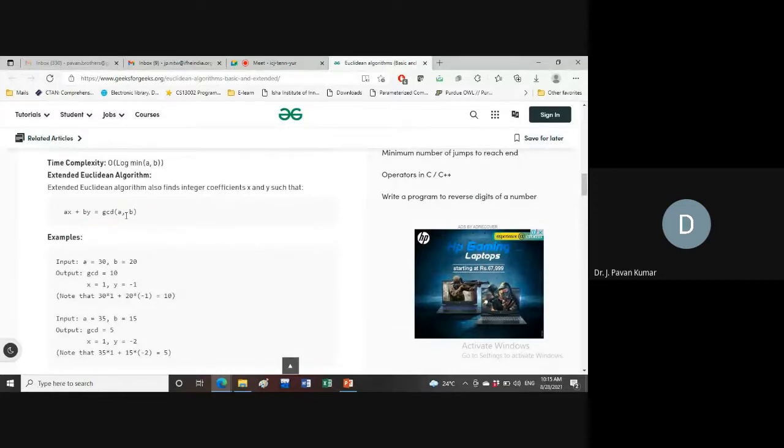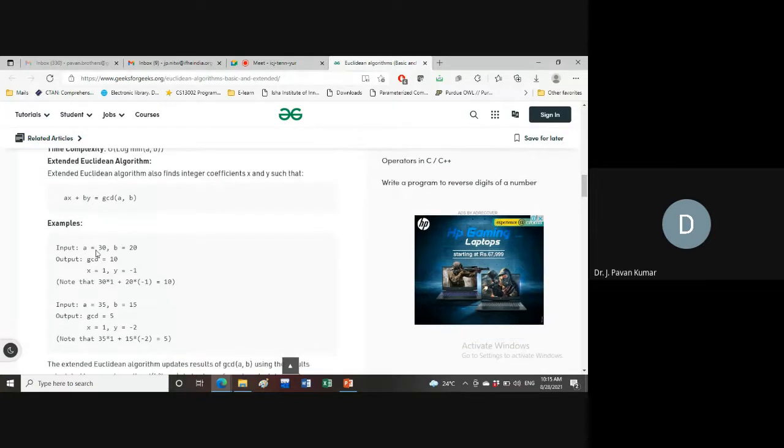That means let us consider two numbers a and b, and whatever GCD we have, we can obtain by multiplying a with one integer x and b with another integer y. Then we can get the GCD. This is the observation.